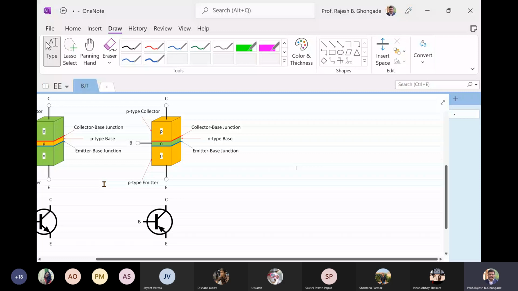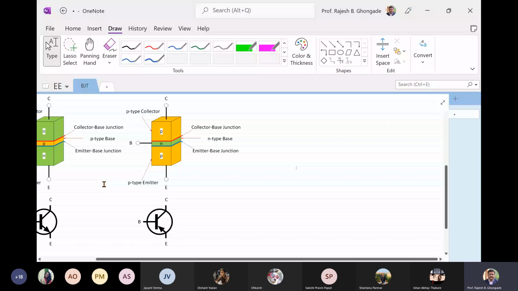We have one type of semiconductor sandwiched between two other types of semiconductors. We have two types, N-type and P-type.